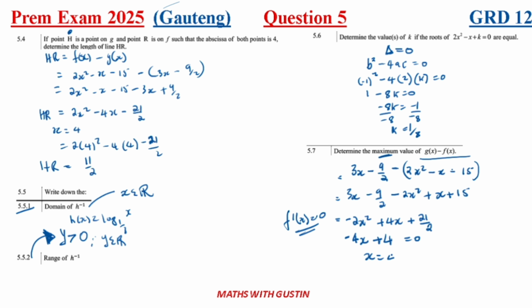If you solve for x here, you're going to get x is equal to 1. So now this value of x equal to 1 must be substituted into the equation of the maximum, which is this one right here. Therefore it's going to give you a maximum value of 25 divided by 2.